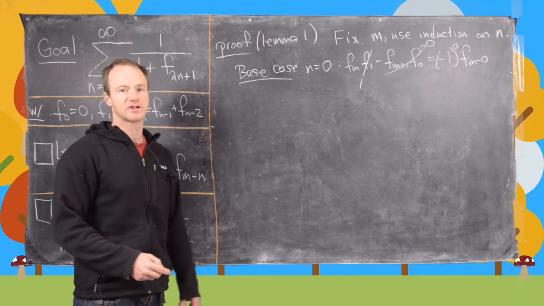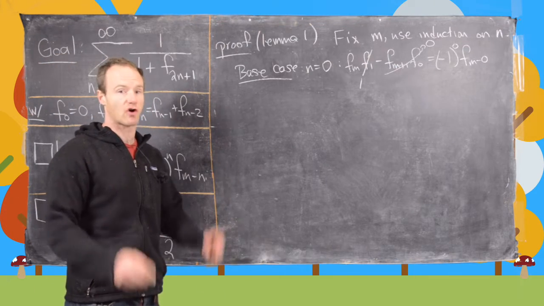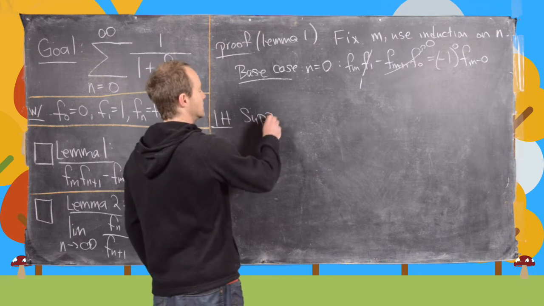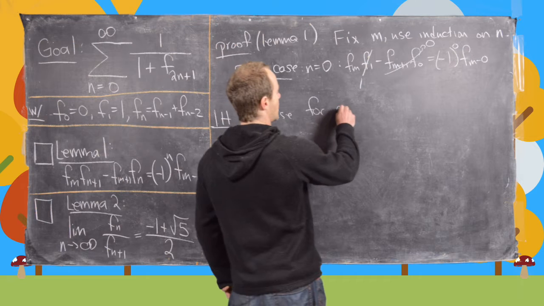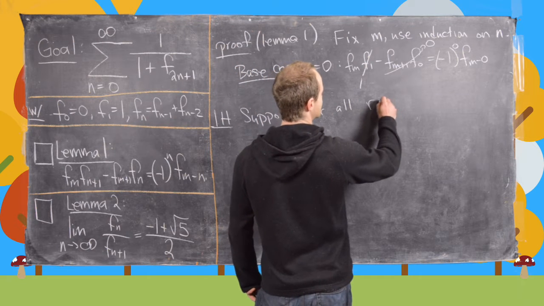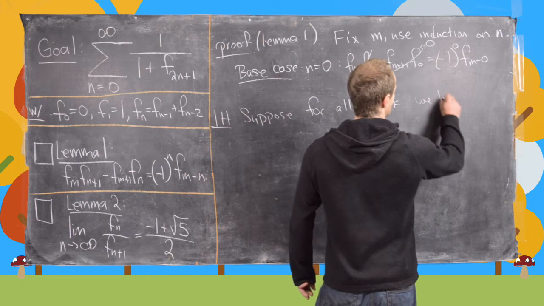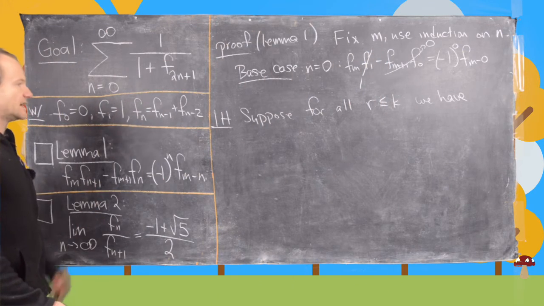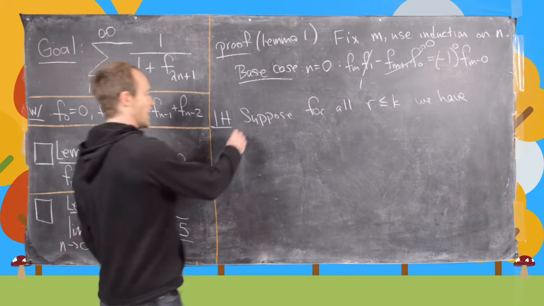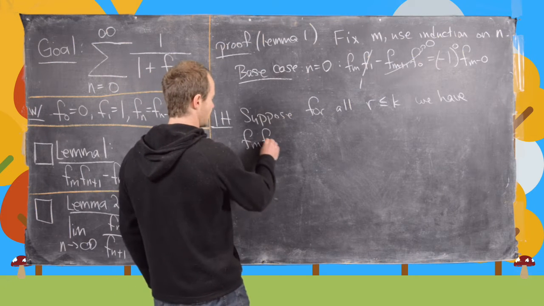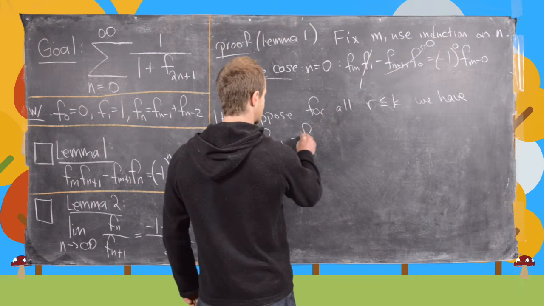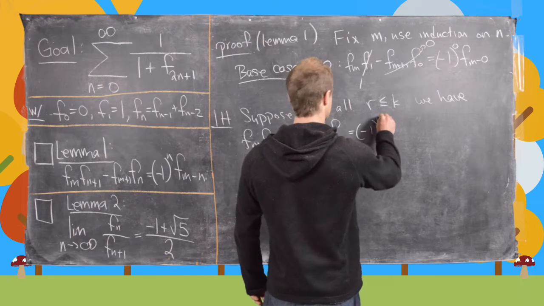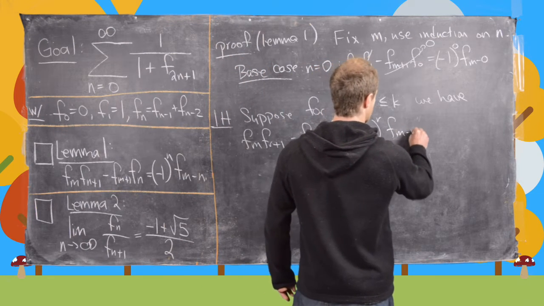Now let's make an induction hypothesis, and this is actually a strong induction hypothesis. Let's suppose for all r less than or equal to k, this statement is true where n is replaced with r: f_m f_(r+1) minus f_(m+1) f_r equals (minus 1)^r f_(m minus r).